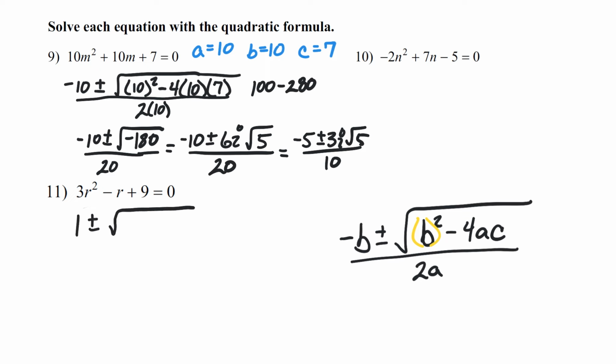Plus and minus the square root of B squared. Well, negative 1 squared is 1. Minus 4 times A times C, which is 9. All divided by 2 times A. Well, A is 3. 2 times 3 is 6.